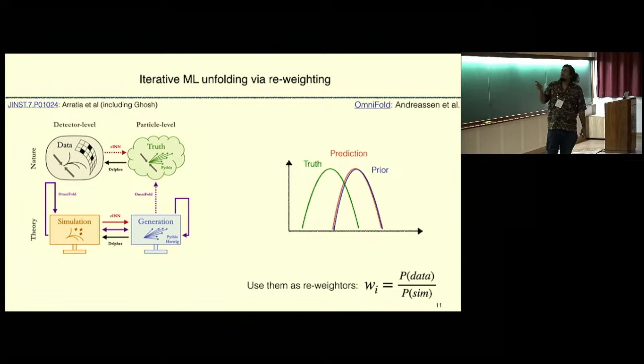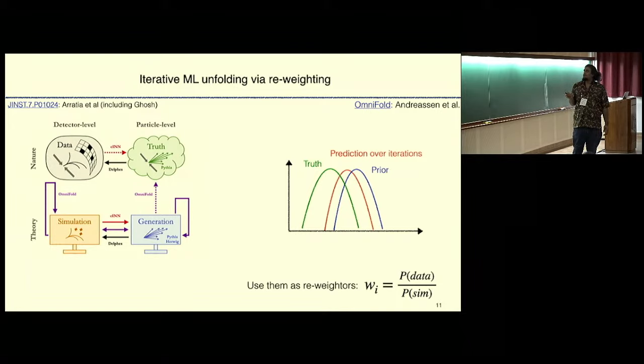But I will show you an iterative method via reweighting, which over multiple steps starts to move towards the truth. And by the end, reproduces the truth. And the key thing here is that you do not have access to this truth. You never use this for training. Because if you did, you're cheating. You won't have this in real life. So you need to somehow leak information from the data into your simulations and correct your simulations in a way that you can do this.